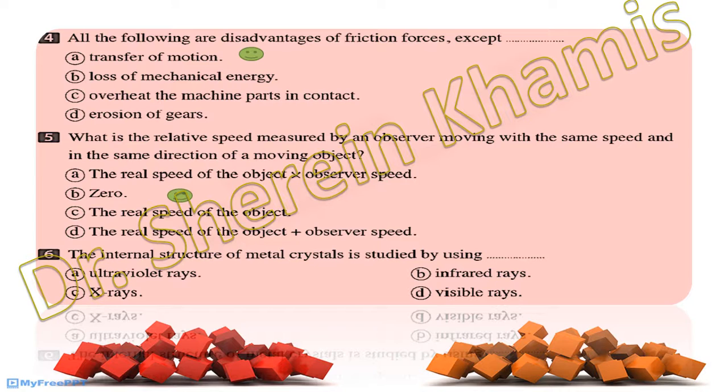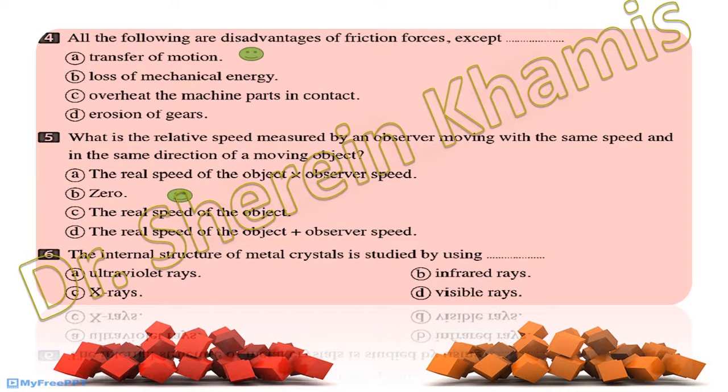But in general, if one of two objects has a higher speed than the other in the same direction, the relative speed equals object speed plus observer speed. This is the rule.